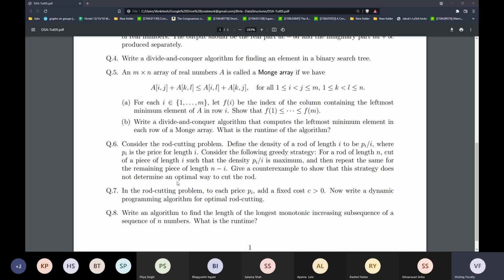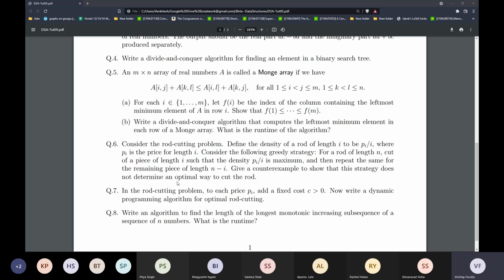The idea is that this will not work. This will not give you optimum rod cutting; it will not give you the maximum possible total price. What is the purpose of the rod cutting problem? What are we trying to do? We are trying to cut it in a way that the total price is maximum.